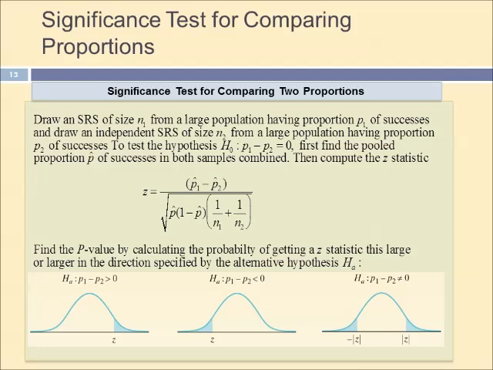To test the hypothesis that the two population proportions are equal, that their difference is 0, first find the pooled proportion, p hat, of successes in both samples combined. Then compute the z statistic, as shown here, using that pooled value. And the typical alternative hypotheses: if the difference is positive, if the difference is negative, or if the difference is simply not 0.